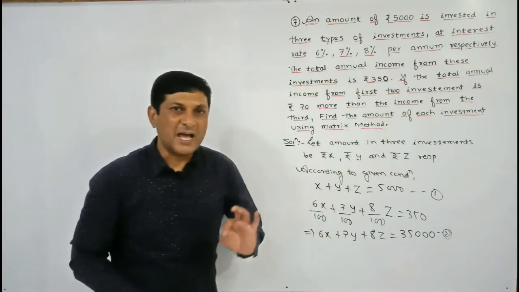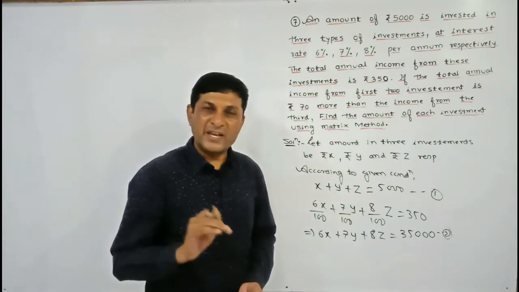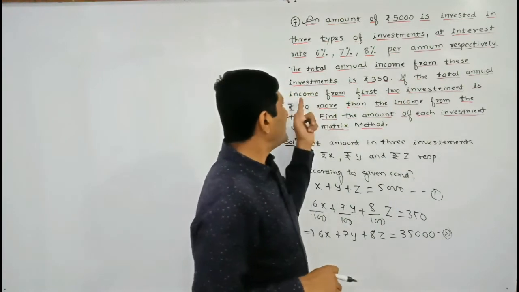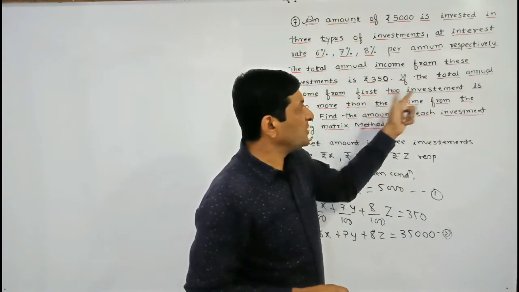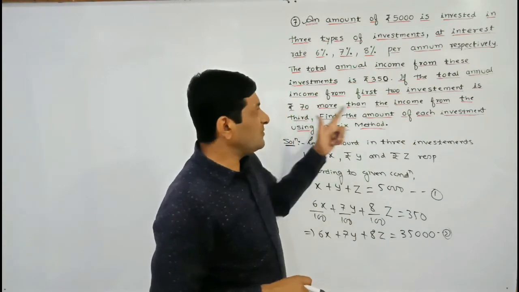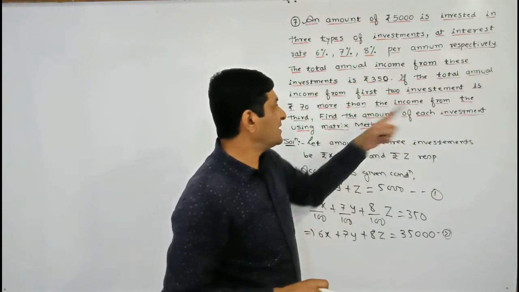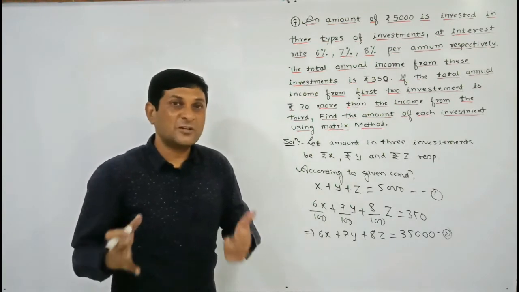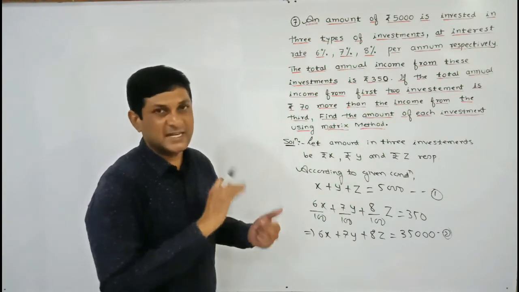Now read the last condition in the example very carefully to form the third equation. The total annual income from the first two investments is 70 more than the income from the third investment. First let us find out how much annual income we are getting from the first and second investment.